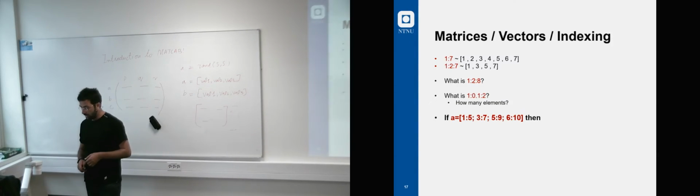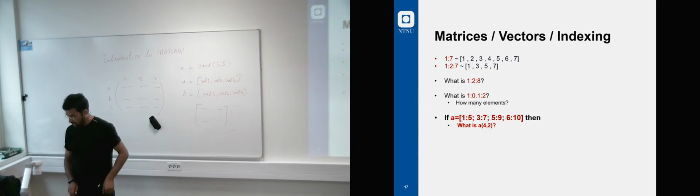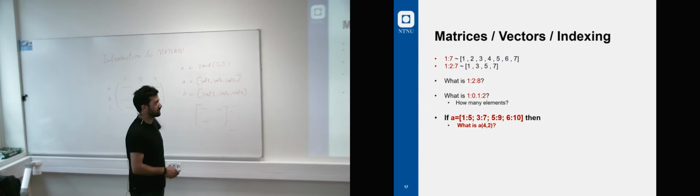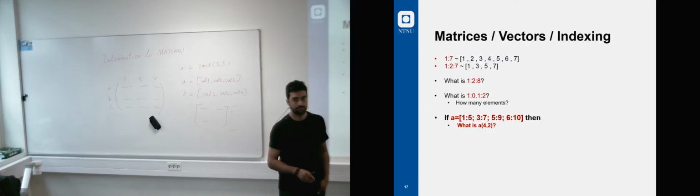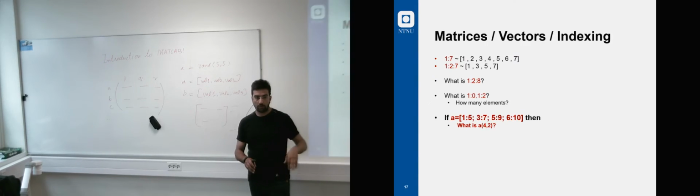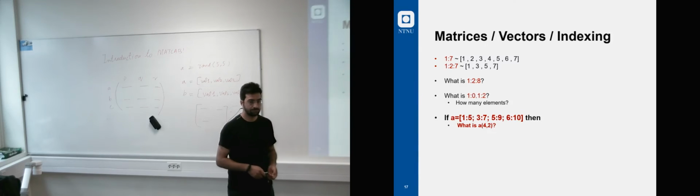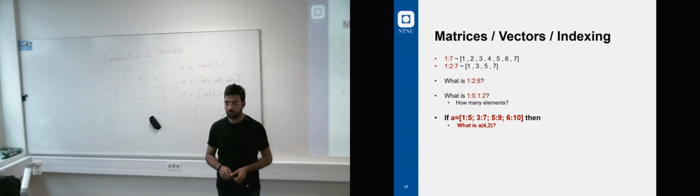Then if we have this, what is 4,2? I hope everyone is using their machines to see what is going on.